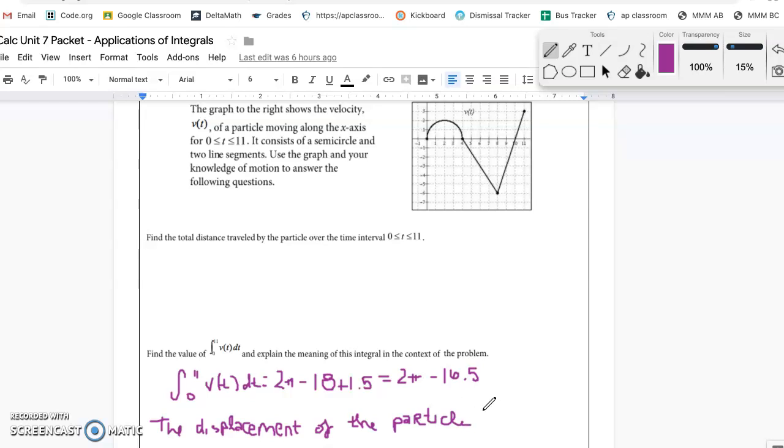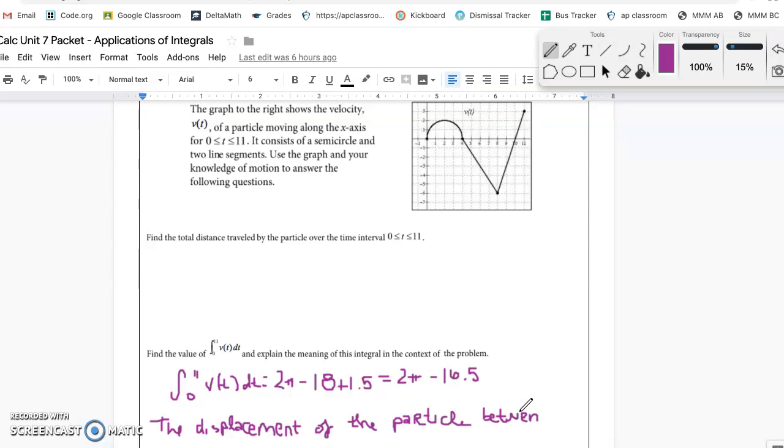You can say after the first 11 seconds, or you can say between t equals 0 and t equals 11. It's like between, or you can say over the interval 0 to 11.